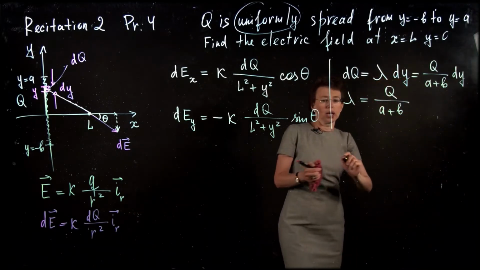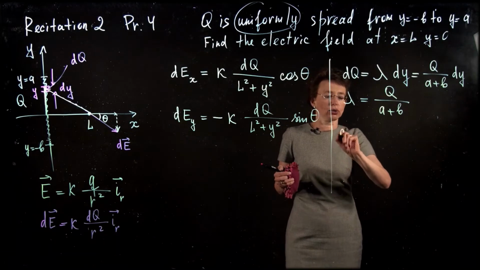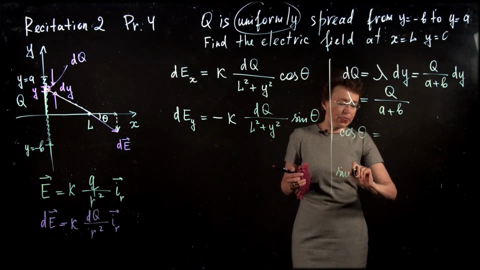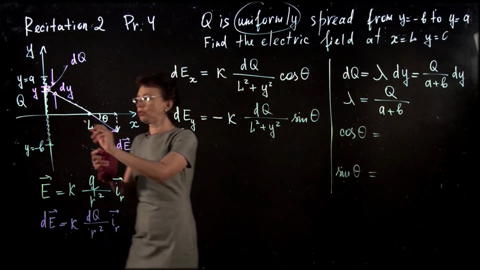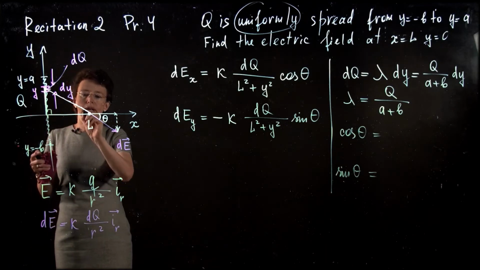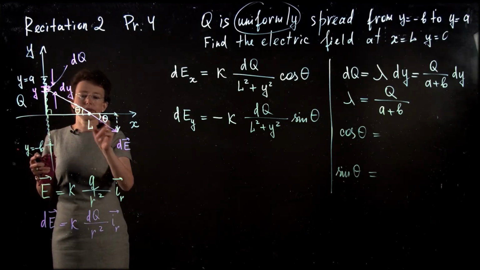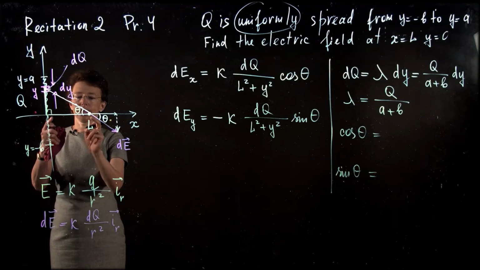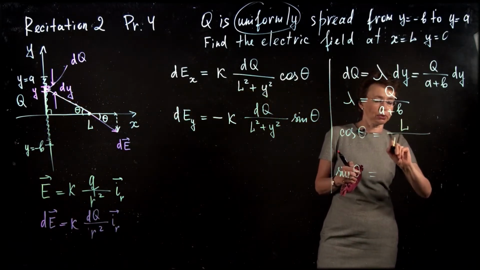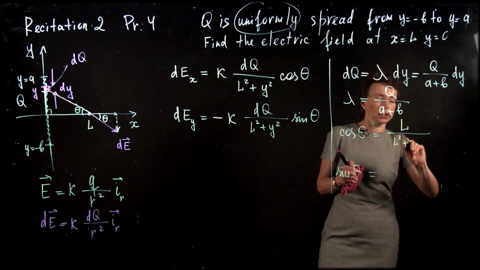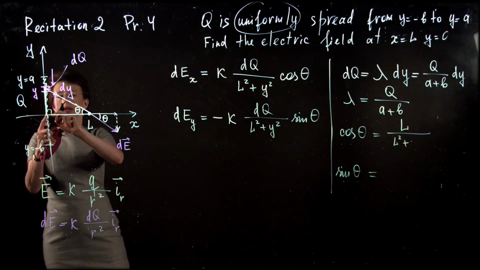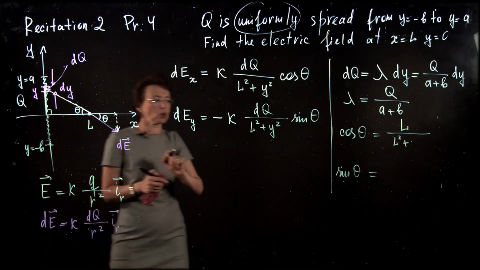This is dq. Now I need to find out cosine theta and sine theta. Cosine theta we will find from this right triangle. This is theta, so cosine theta is adjacent leg L divided by hypotenuse, which is the square root of L squared plus y squared.